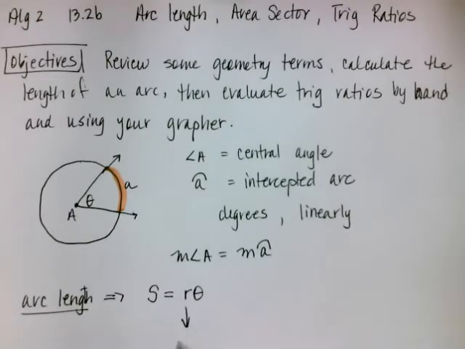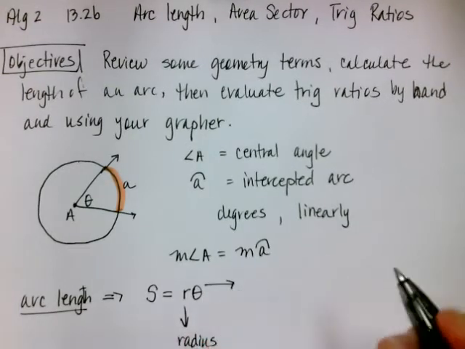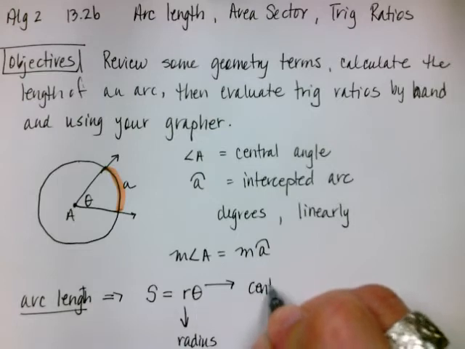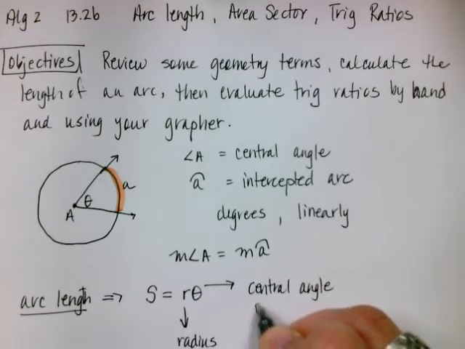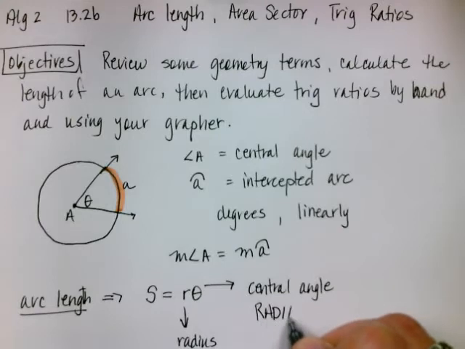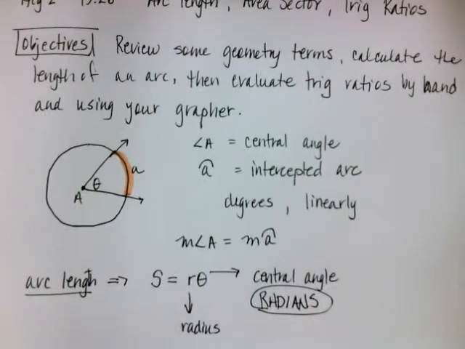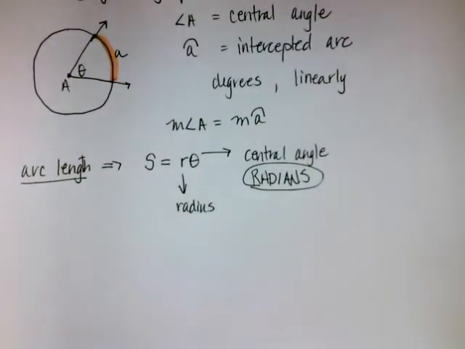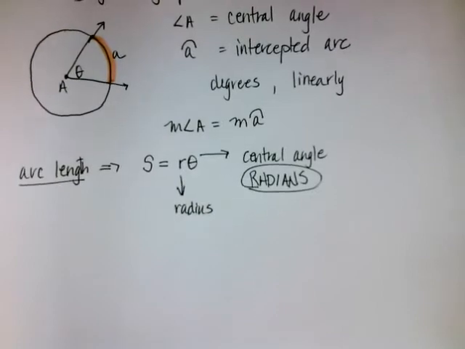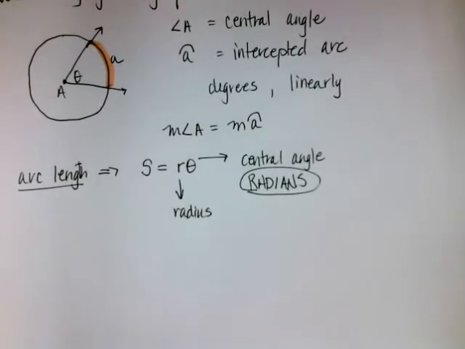In the formula, the R represents the radius of the circle, and the theta is going to be the central angle. The caveat is it has to be in RADIANS, and I'm going to put it in big old honking capital letters because this is the piece that people tend to forget. So if you're given an angle in degrees, you have to convert it to radians before you can use this formula.